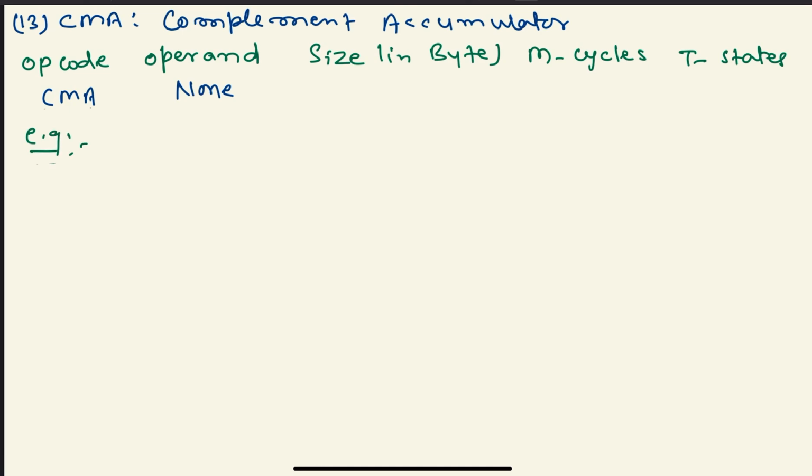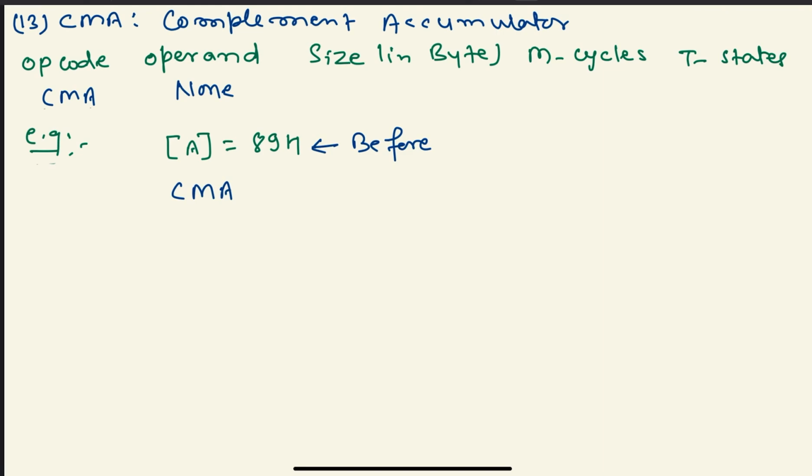For example, let's say the accumulator content before execution of this instruction is 89H. Now if we write CMA, what will happen?